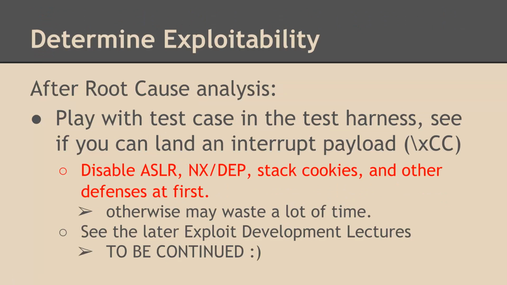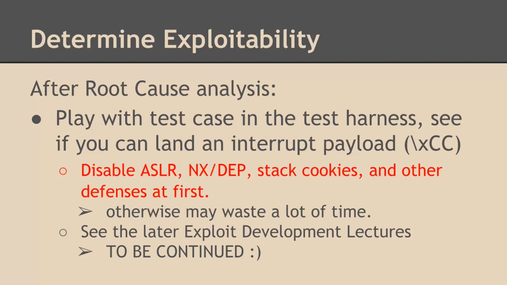Finally, determining whether or not the crash you are looking at is exploitable is a topic that we cover across over 5 lectures later on in this class. So the thing you want to do first and foremost is disable the system exploit mitigations and security mechanisms that are enabled that would make this process hard.